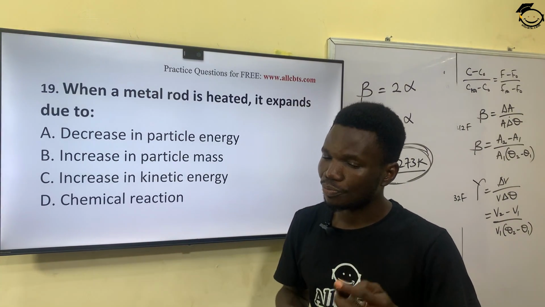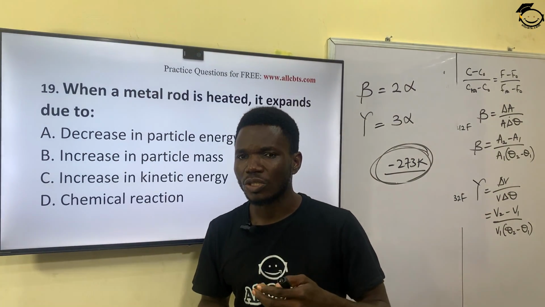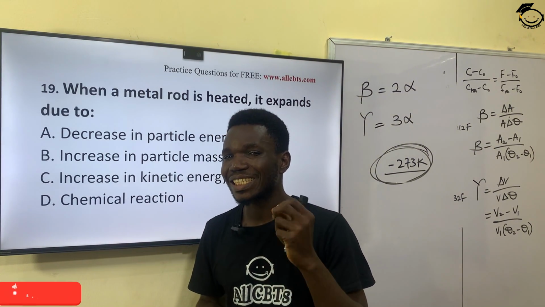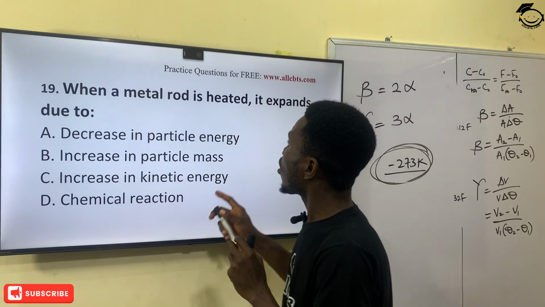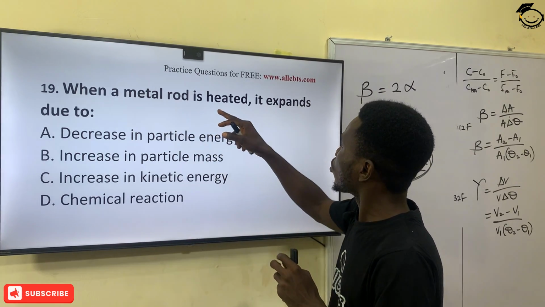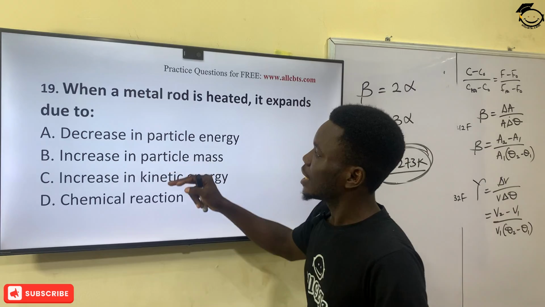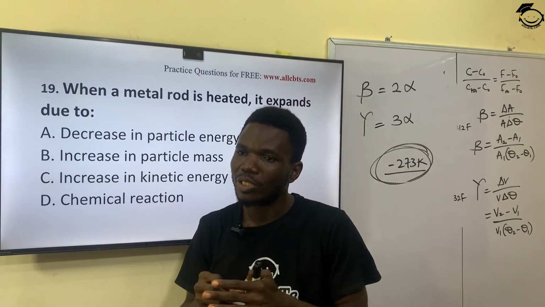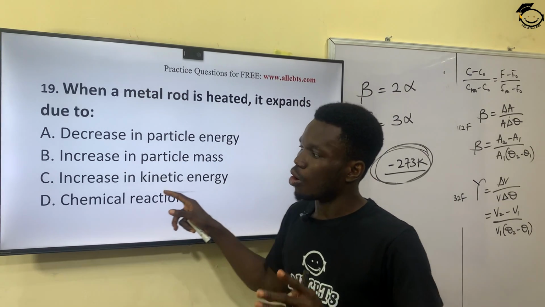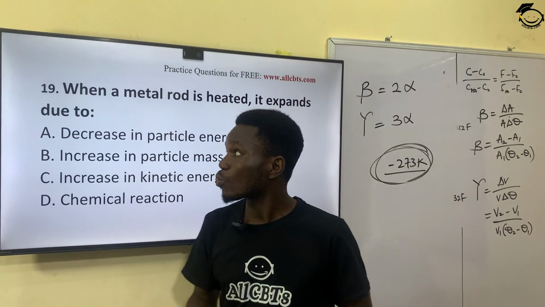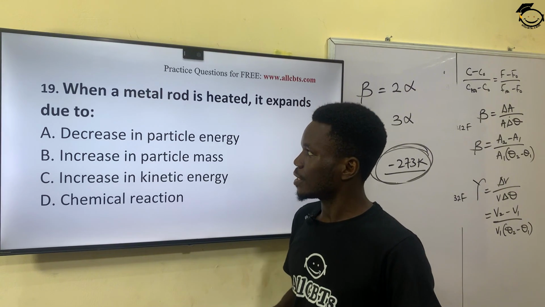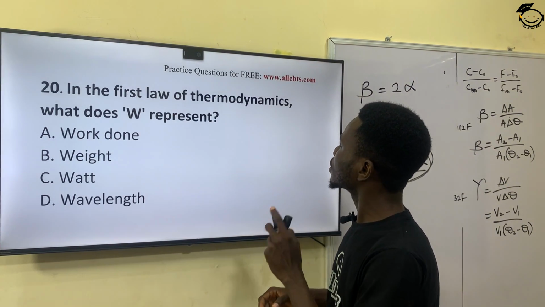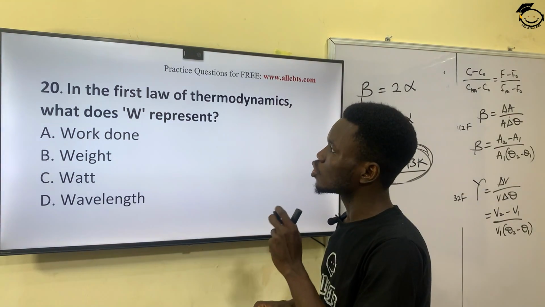Now we talked about expansion. Expansion occurs as a result of increase in kinetic energy of a body. So for a metal rod to expand when it is heated, it has to be as a result of increase in the kinetic energy of the metal rod. So the correct answer here is option C.